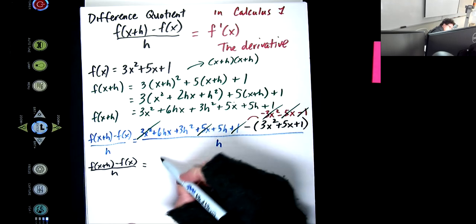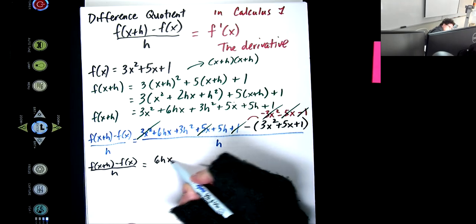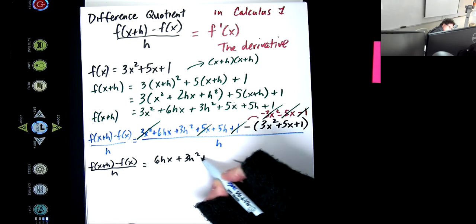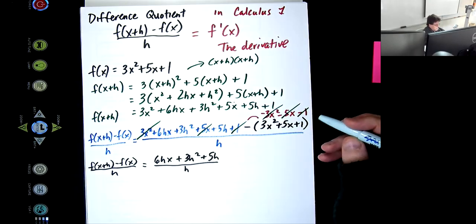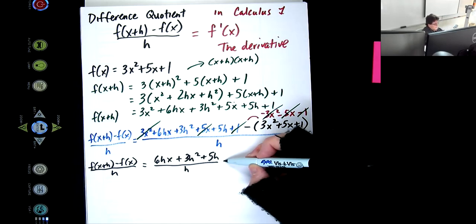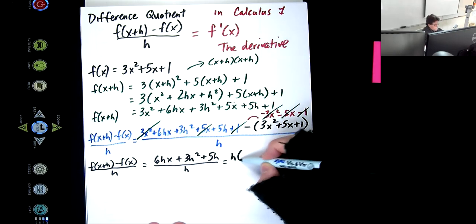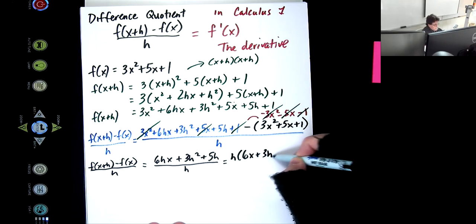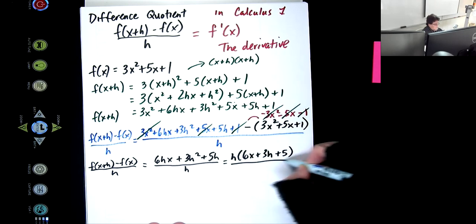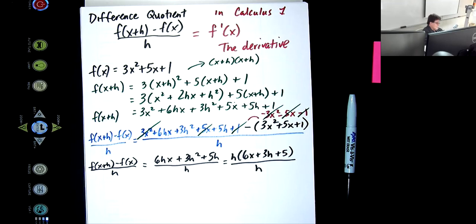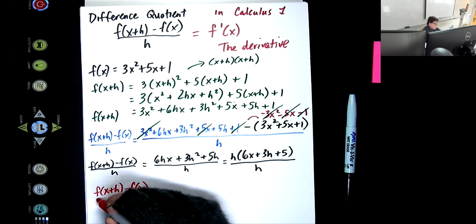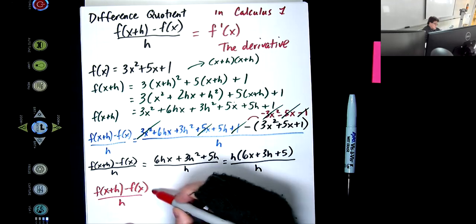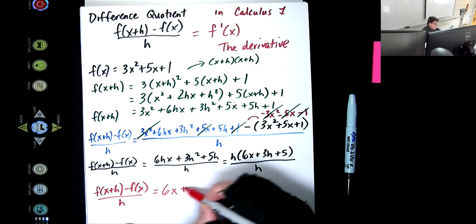What I'm left with is 6hx plus 3h squared plus 5h over h. You can factor an h out of each of those on top. And so when we cancel, you can see that f of x plus h minus f of x over h is just 6x plus 3h plus 5.